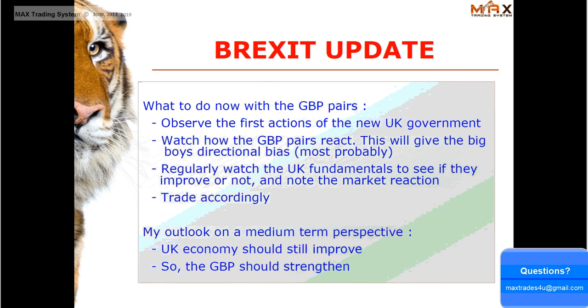It's not easy for the investors and the big boys necessarily to make a strict, fast decision. It will take time to have the clear direction the UK economy will take. Personally, but this is just my personal opinion, okay? I may be completely wrong, and I am often wrong in my predictions, by the way.